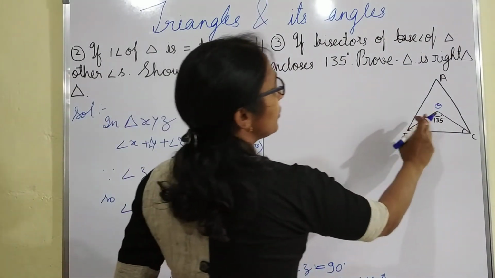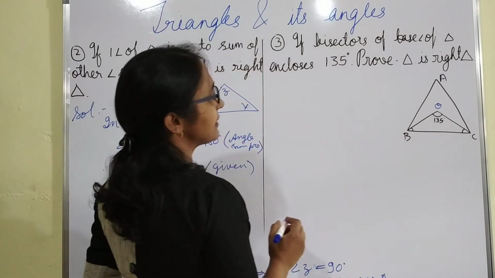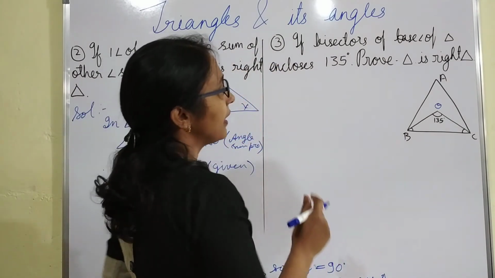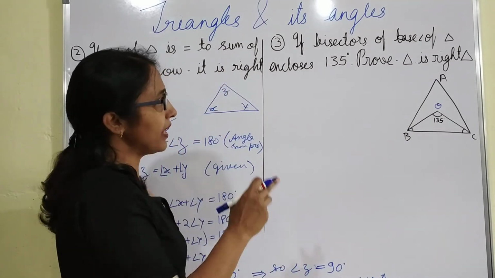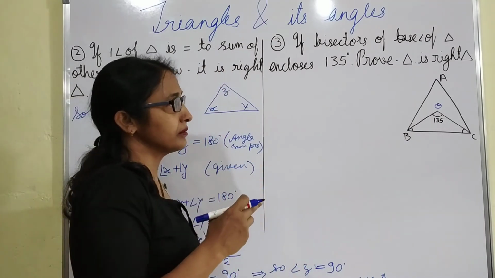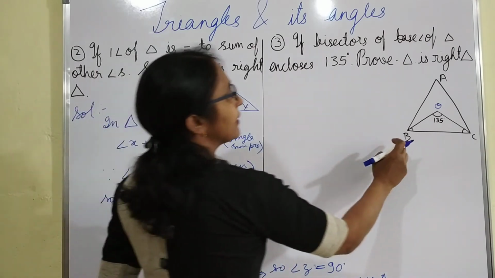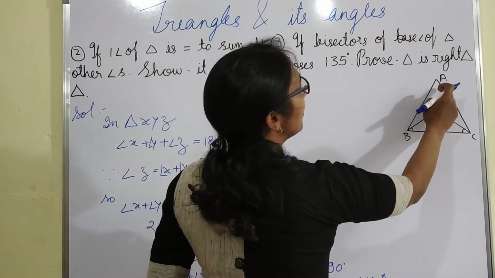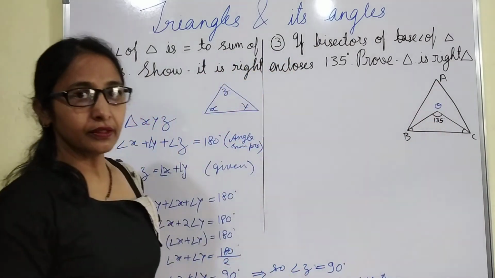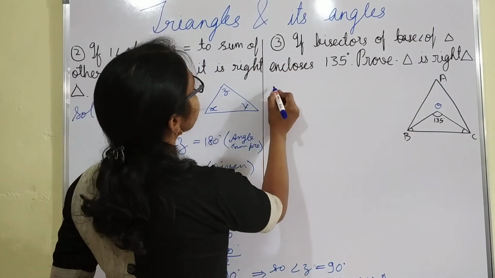So BO and CO are bisectors. And earlier in same video I taught you about one theorem, that is angle BOC equals to 90 plus half of angle A. Okay.